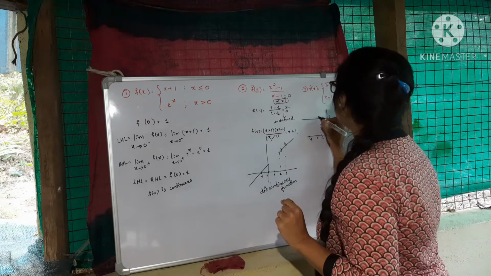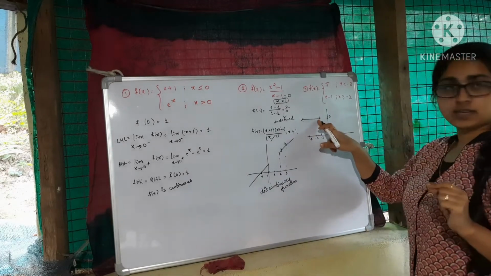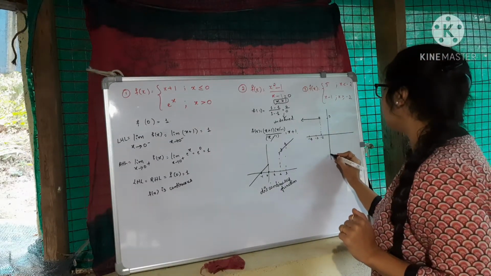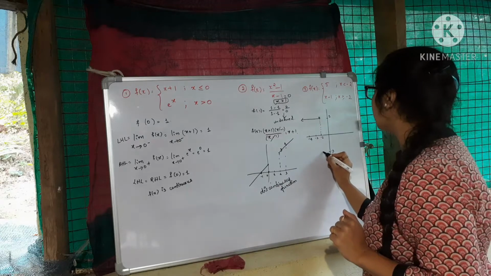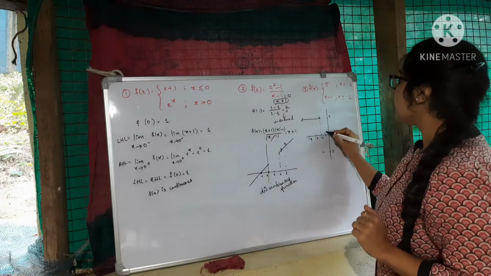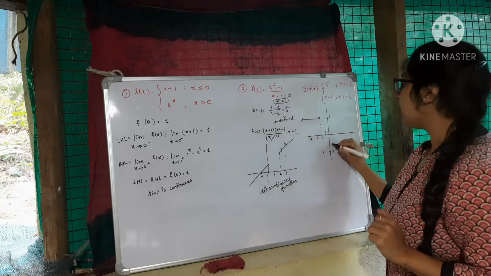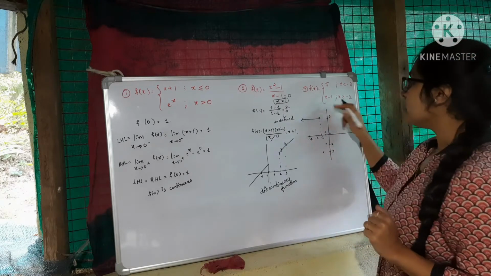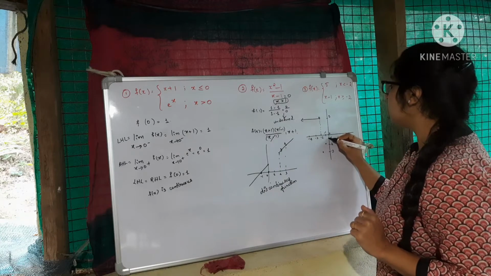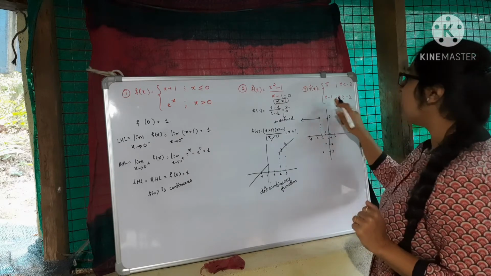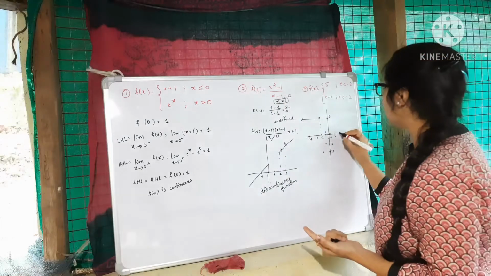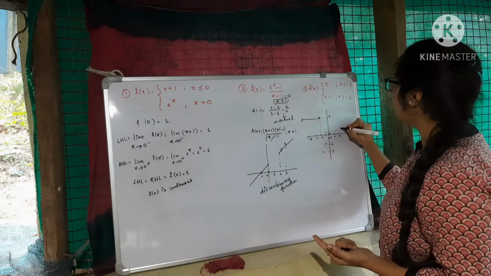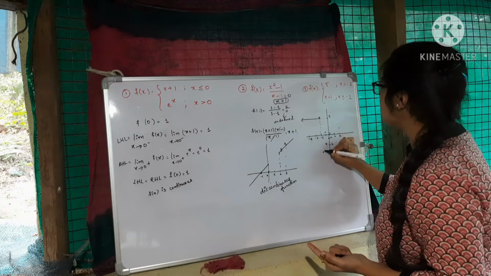At x is equal to minus 2, we have minus 3. At x is equal to minus 1, we have minus 2. At x is equal to 0, we have minus 1. At x is equal to 1, we have 0. At x is equal to 2, we have 1. So something like that.